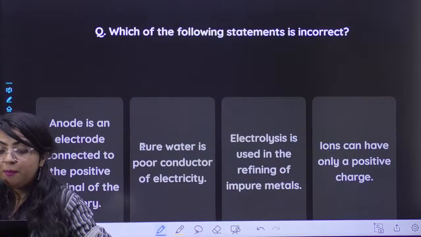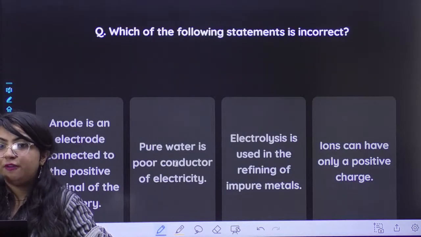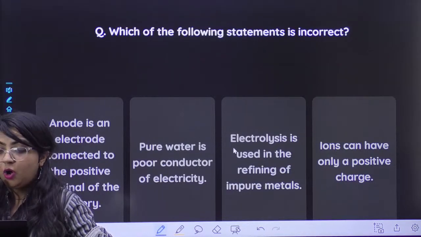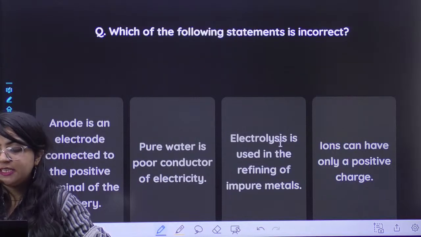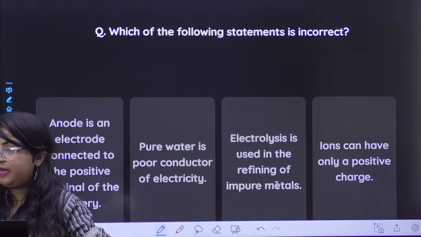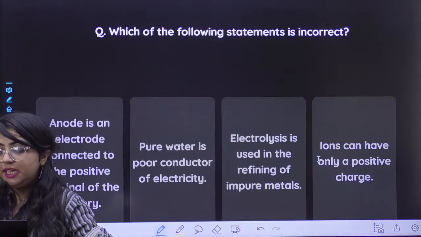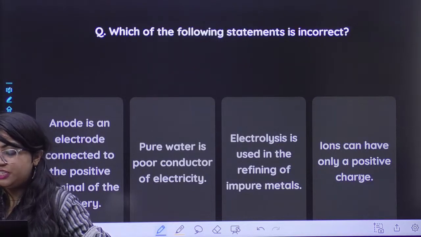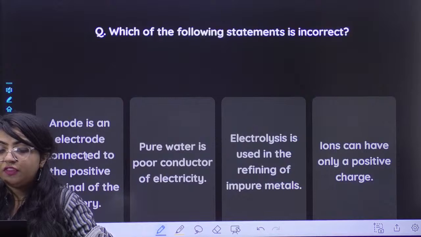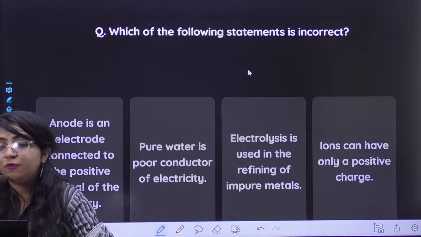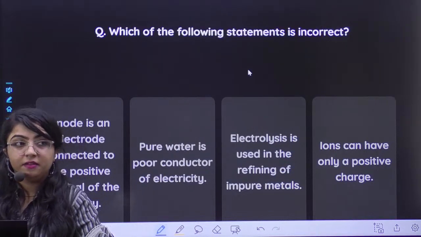Option B, pure water is a poor conductor of electricity. Option C, electrolysis is used in the refining of impure metals. And option D, ions have only positive charge. So out of the given 4 options, please find the statement which is not correct.